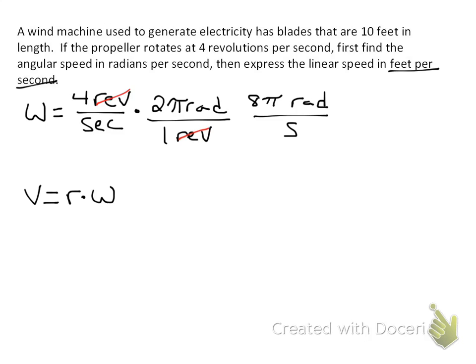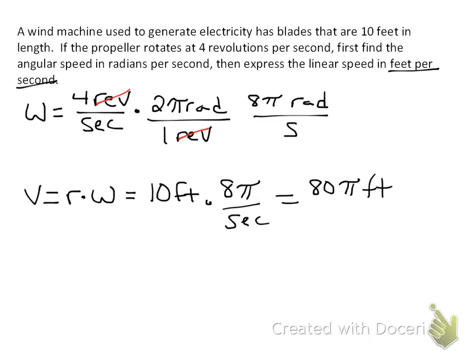So now, how far did I go? Well, if my radius is 10 feet, and I'm traveling at 8 pi radians, but again, we don't include that measurement, per second, then I travel 80 pi feet per second.